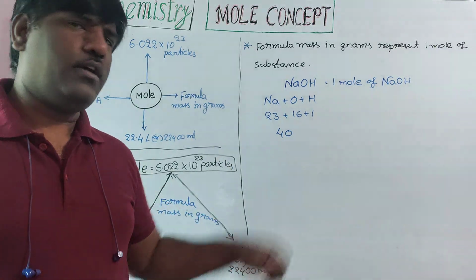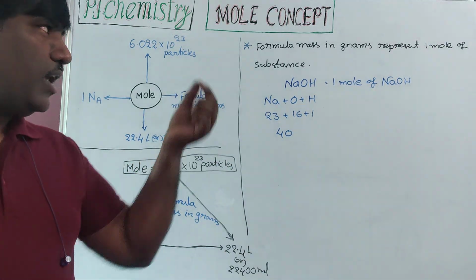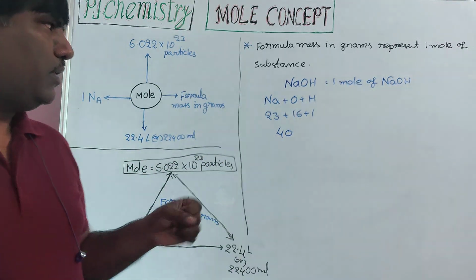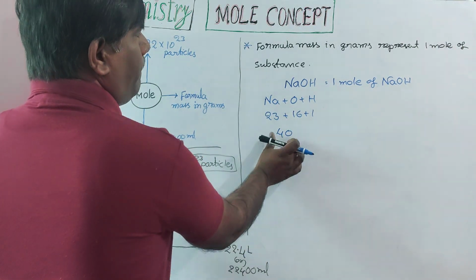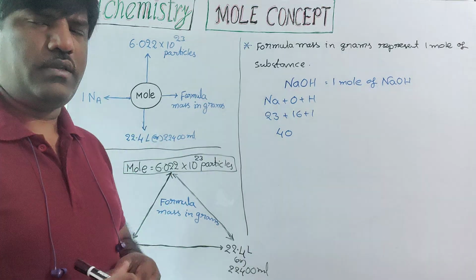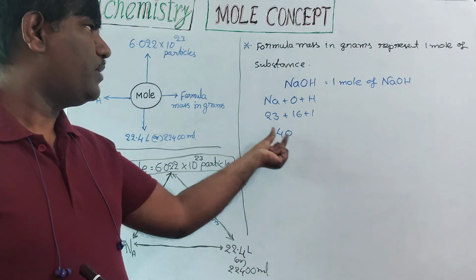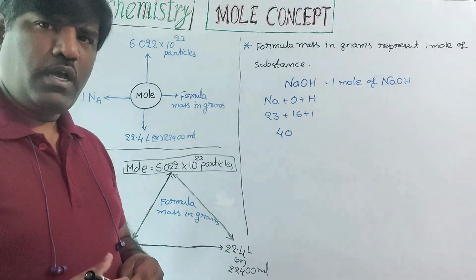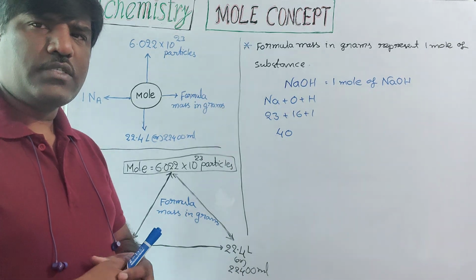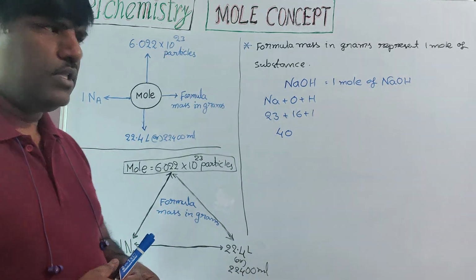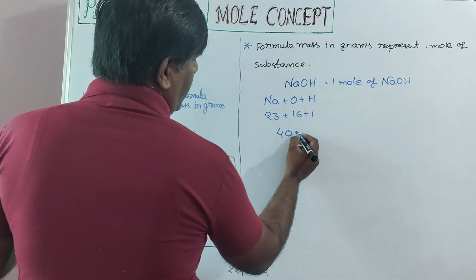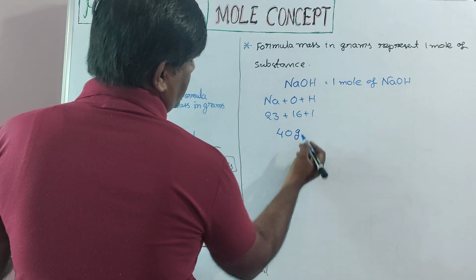We didn't mention grams yet. When we mention grams, it means it contains 6.02 into 10 power 23 particles. This is just the mass of one molecule of an element. To get clarity on this, watch the previous videos where we discussed gram atomic mass and gram molecular mass.